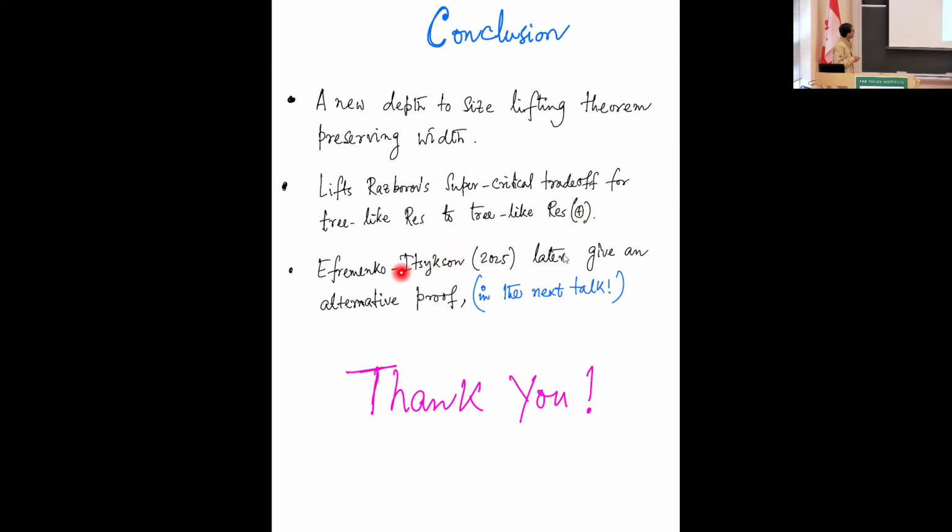Very recently, and we will hear in the next talk by one of these authors, Efremenko and Itzikson were able to give an alternative proof using different notions, and their theorem is slightly stronger than ours because it works for a larger class of gadgets. I did not have even time to talk about the kind of gadgets that we used, but they are able to use just stifling gadgets to prove the same result that we have. And thank you.